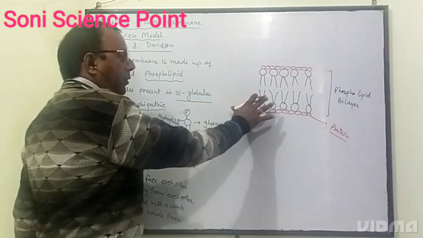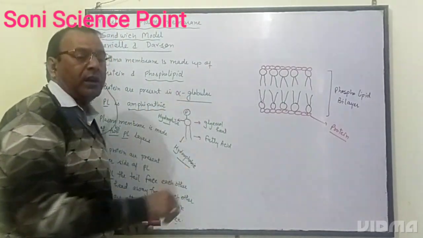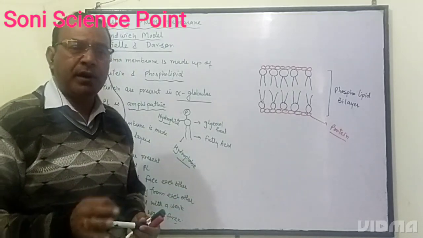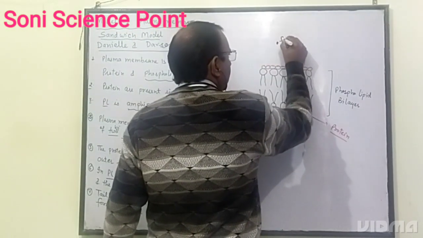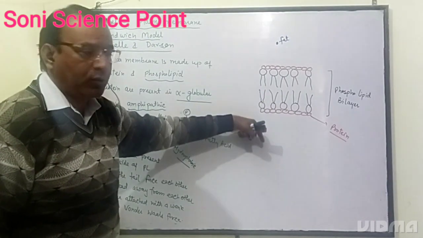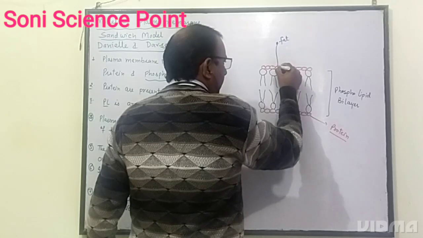Clear? This model was proposed by Danielli and Davson. Now let us see if this model shows the properties of the plasma membrane or not. Firstly, we'll take fat molecules. Can the fat molecules pass through it or not? Fat molecules come from here.